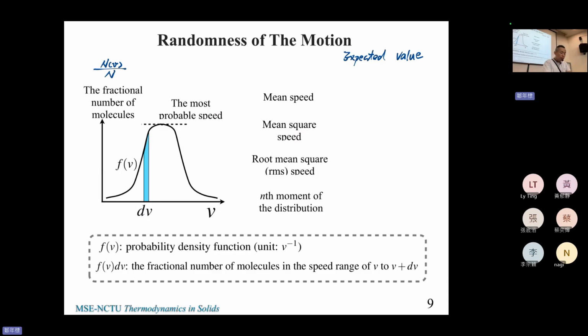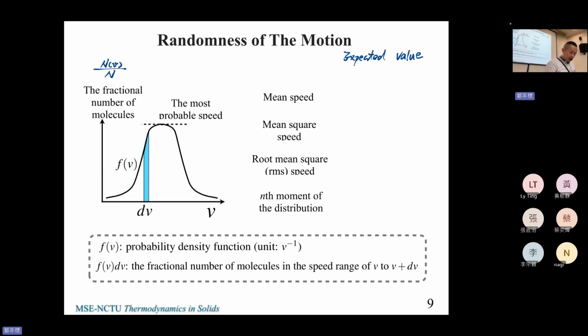N is the total number of the contaminant, and N_V is the number with that velocity. Okay? So this is a fraction, a fractional number, a ratio.